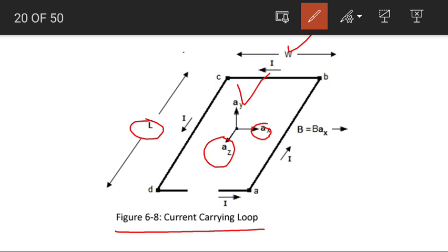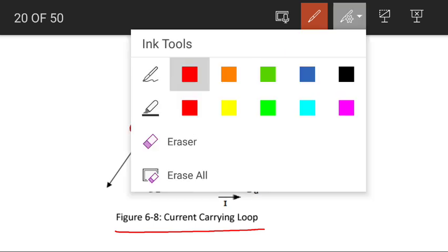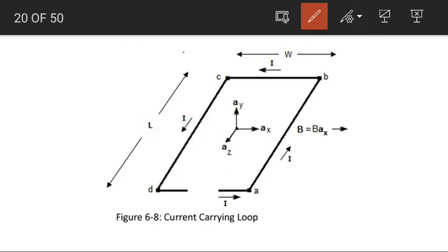We assume that this current carrying loop is located in the y is equal to 0 plane. We will consider the magnetic flux density given by B ax. So this current carrying loop is located in a uniform magnetic field.